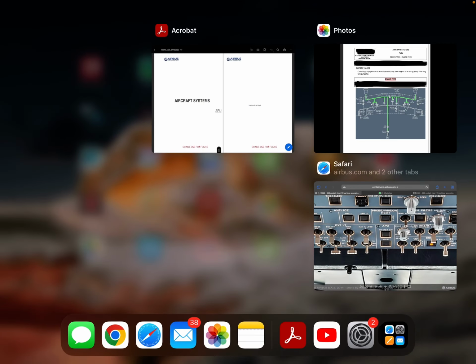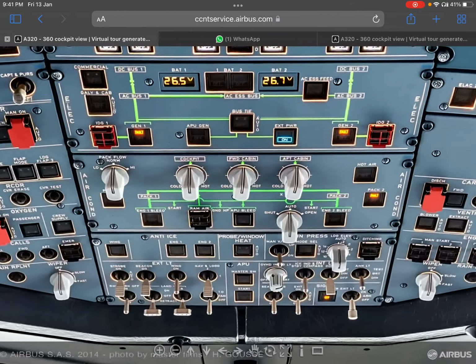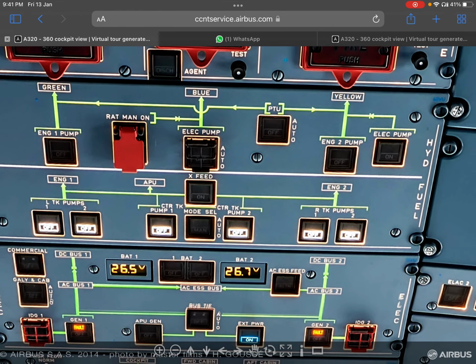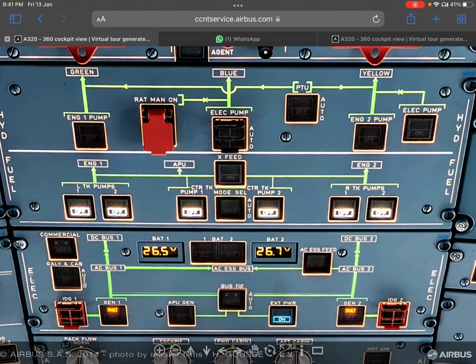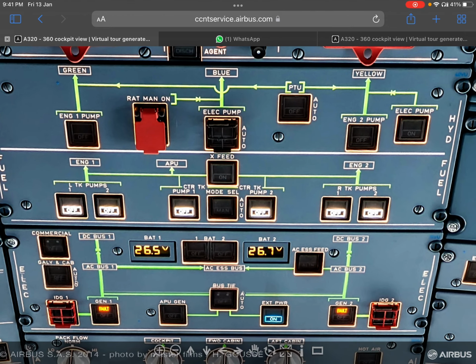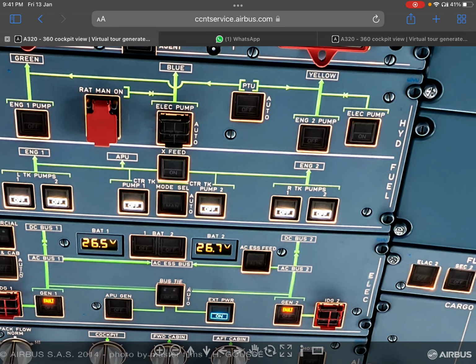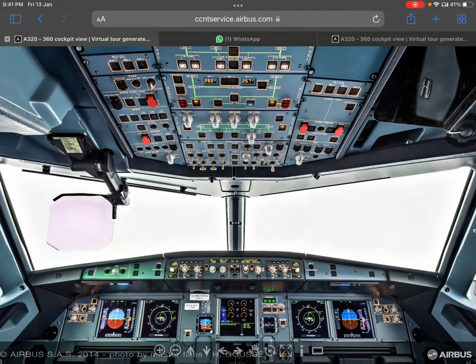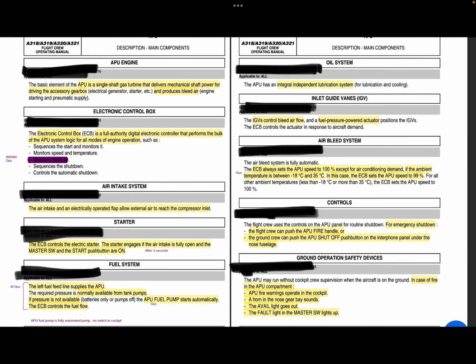Let me show you. Here, fuel, you can see, left hand tank pump 1 and 2, we have center pump 1, this is mode selector, this is something different, pump 2, right hand tank pump 1 and pump 2, that's it, right? So back to fuel system. Now fuel system is clear.